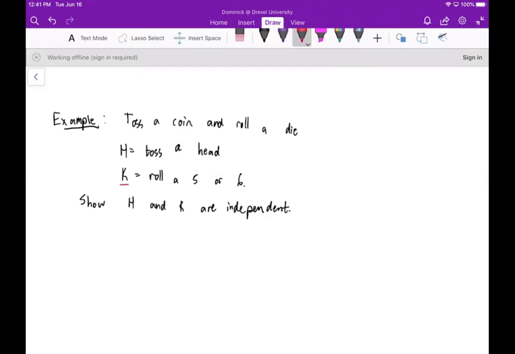Now, of course, the probability of tossing a head and rolling a 5 or a 6: we take the 1/2 for getting a head, and I also need a 5 or a 6, which gives me 2 out of 6 possibilities.